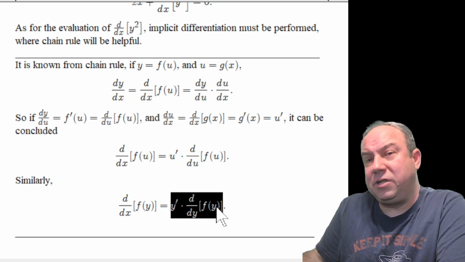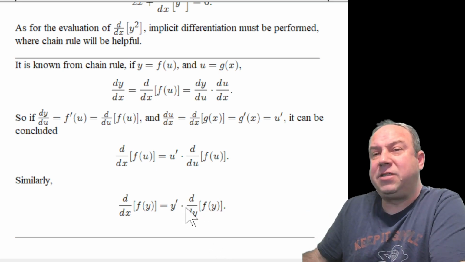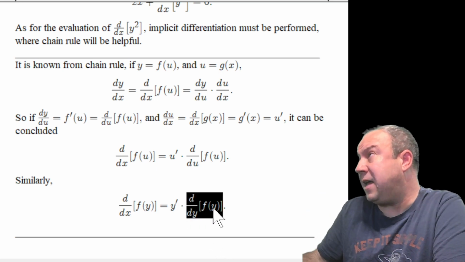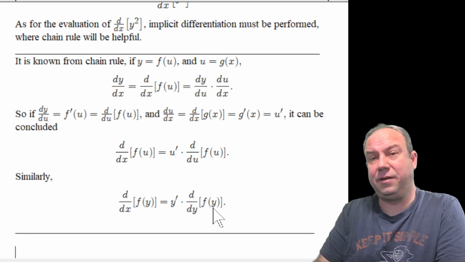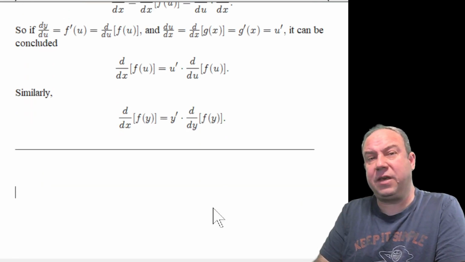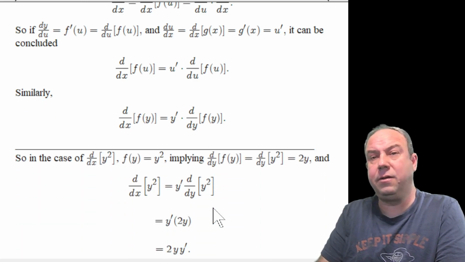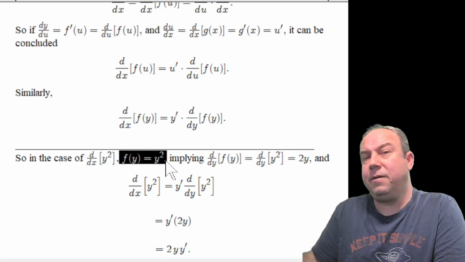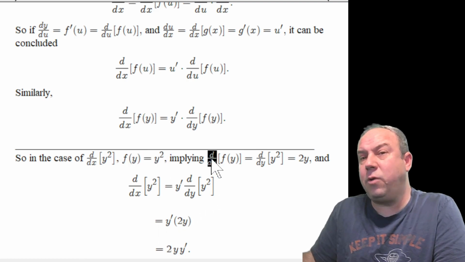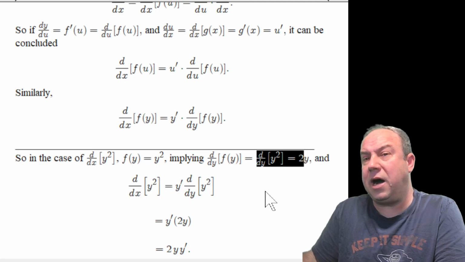And what the implicit result says is that this is going to be equivalent to y prime times the derivative with respect to y for that function of y. If we set that up for the case of the derivative with respect to x for y squared, f of y is going to be y squared, and the derivative with respect to y for y squared is going to be 2y.